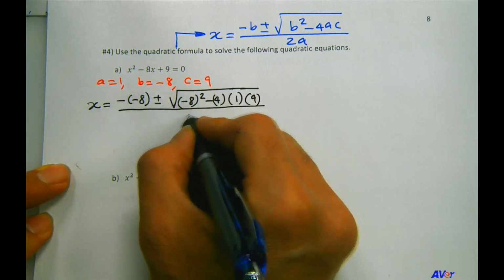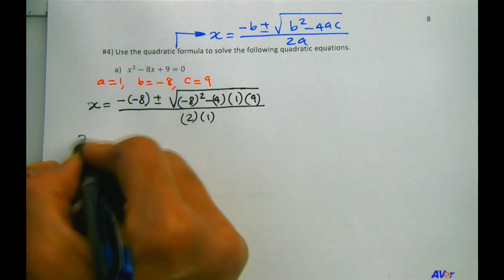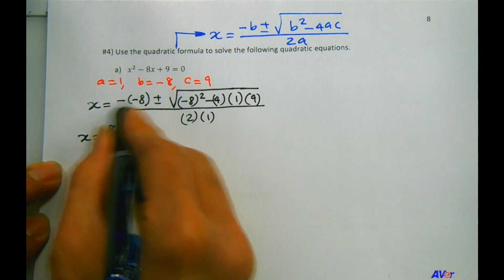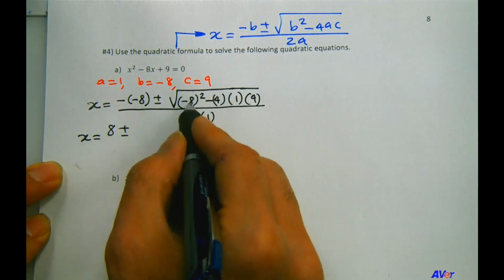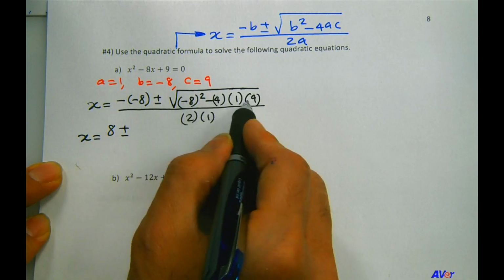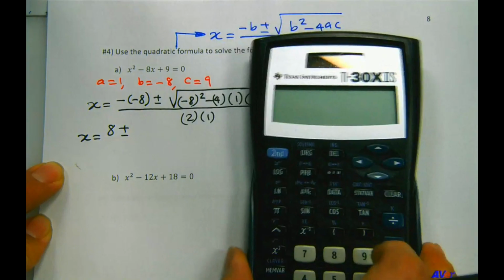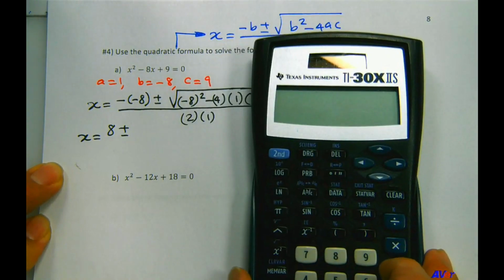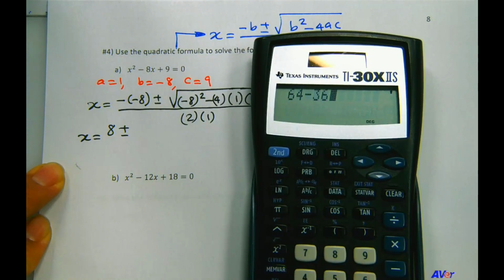So 2 times 1, right? Okay, so we have x equals positive 8 plus or minus square root of 64 minus 36. What is that? So 64, it is 28, isn't it? So let's see. Let me make sure. 64 minus 36, 28.